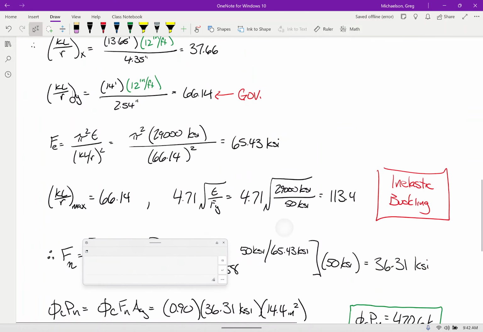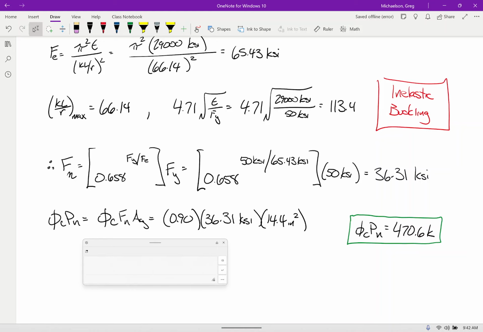And when we did the math, we got 470.6. So this was verifying that the column that we selected does indeed actually work, which I do think is important. Look how much load these columns are holding up. That's 440,000 pounds. I think it's worth a couple minutes of calcs to make sure that it works.